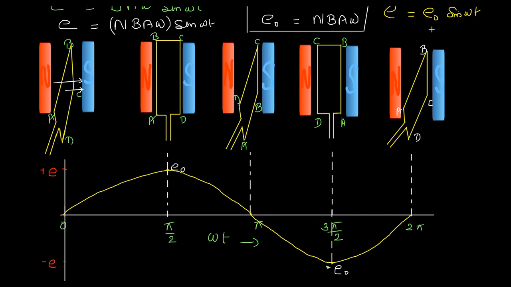Hence E equal to E0 sin 0, and sin 0 is 0, EMF is 0. On joining these points, we get a sinusoidal graph. So when the coil completes one rotation in the magnetic field, a cycle of AC is produced.